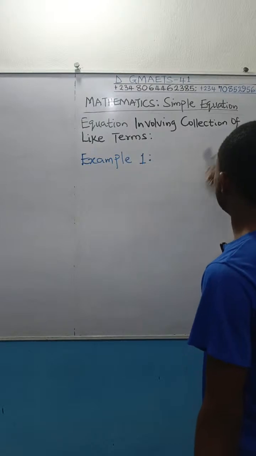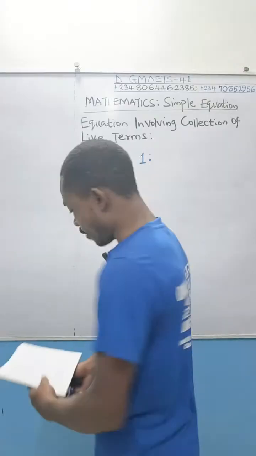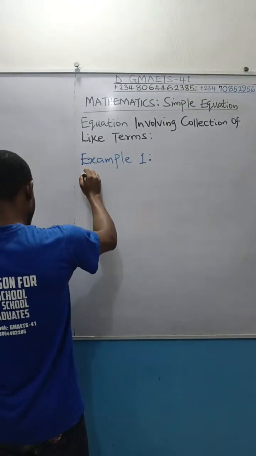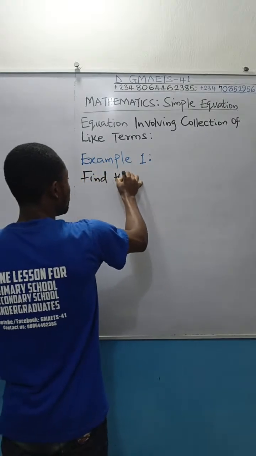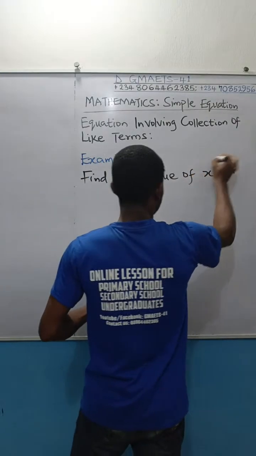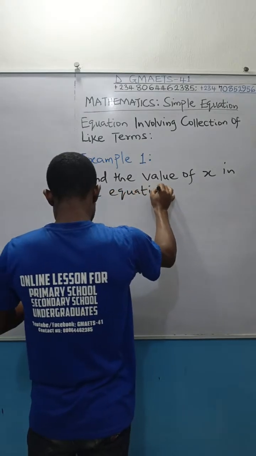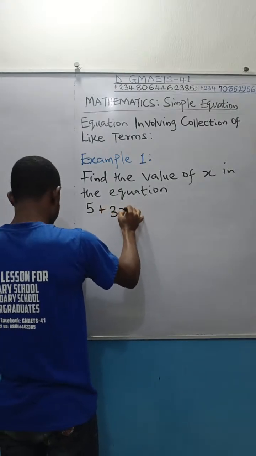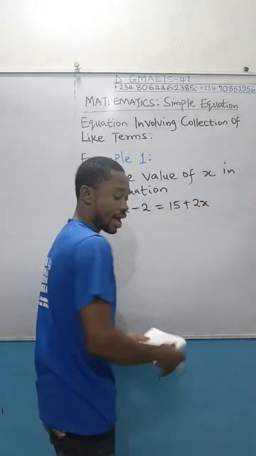Equation involving collection of like terms. Okay, so let us go with our very first question here. Example 1. Find the value of x in the equation 5 plus 2 plus 3x minus 2 equals 15 plus 2x.